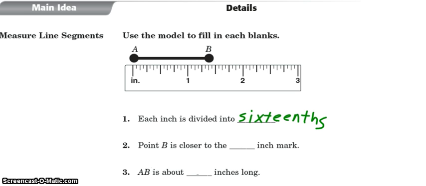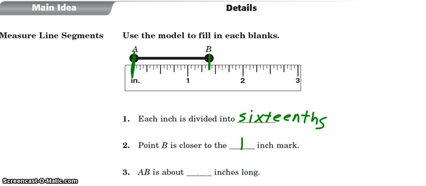Number 2, point B is closer to the 1 inch mark. And AB is how many inches long? Alright, we see that we always start at the beginning point, and we are doing it right there. And we see that B is right here.